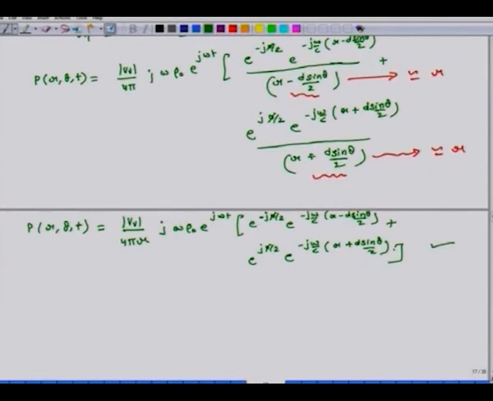Now, I can simplify this further by taking e^(minus j omega R over c) out of the bracket.